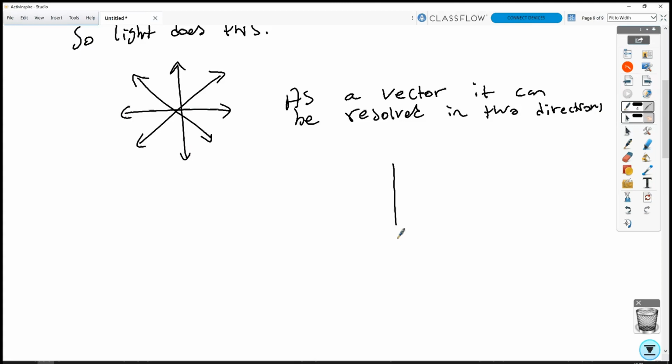So our 2 directions are vertical and horizontal. And light can also become polarized. And polarization means to make it only oscillate in one direction.